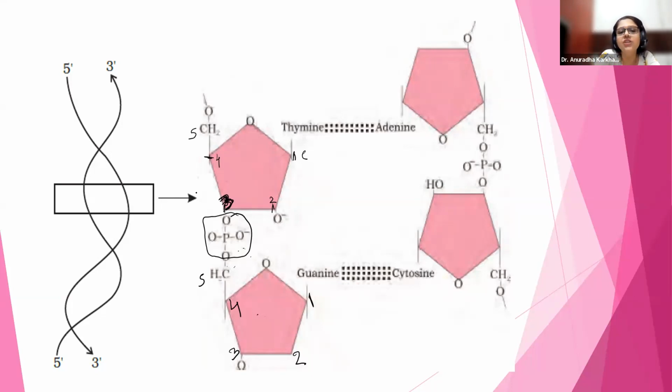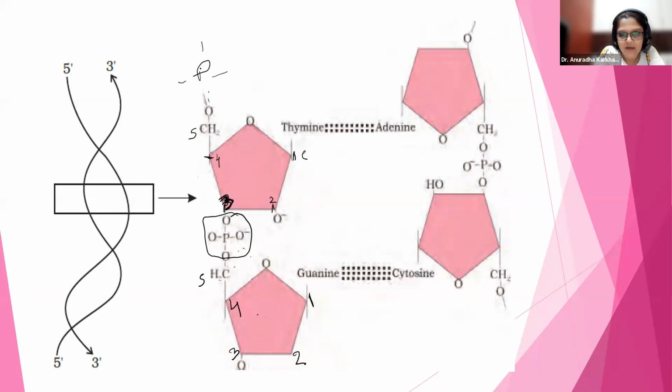But if you look at this one, this is the first sugar. This first sugar molecule has a phosphate at its 3 prime, but also at its 5 prime. Look, a phosphate is attached at the 5 prime too. This is also going to be your phosphate, but this is the only phosphate not connected to any 3 prime.